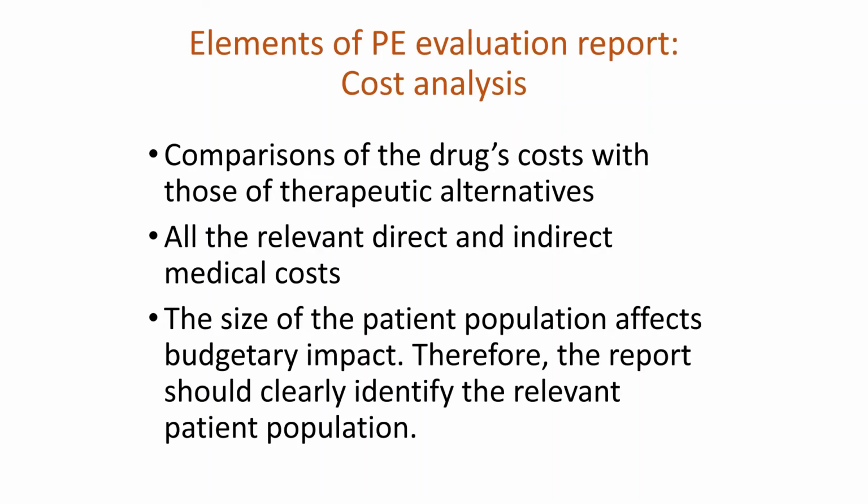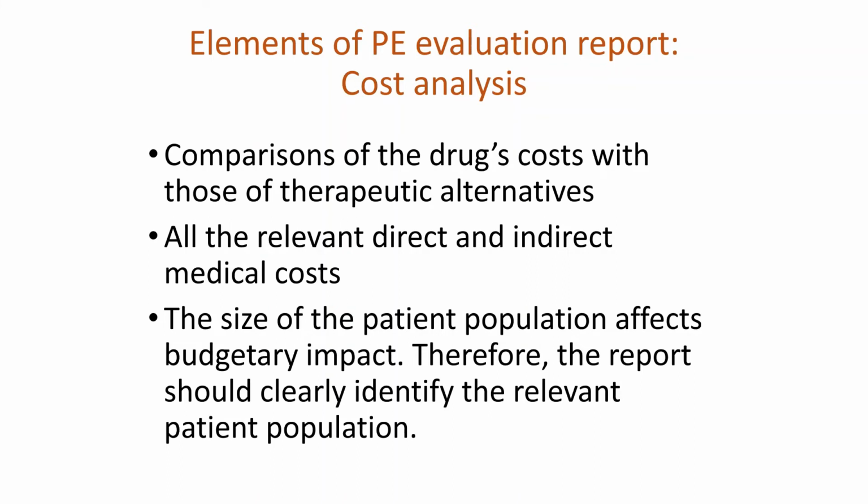You need to consider all the relevant direct and indirect medical costs. And I need to note something here: if there is an indirect or direct medical cost that is relevant but not important, then don't waste your time and effort on those. Because, for example, sometimes you have high administration cost, but both technologies, the standard of care and the new technology, are associated with this cost.